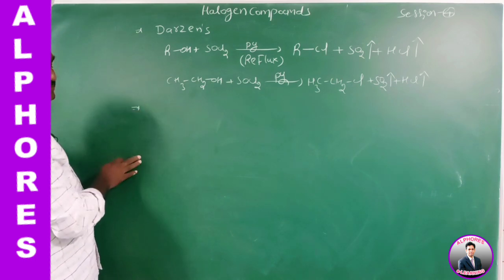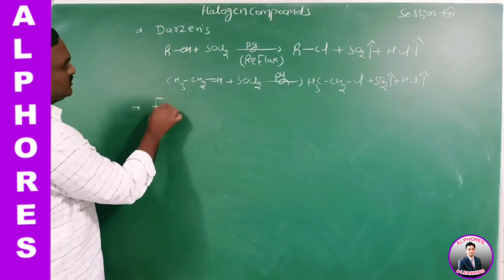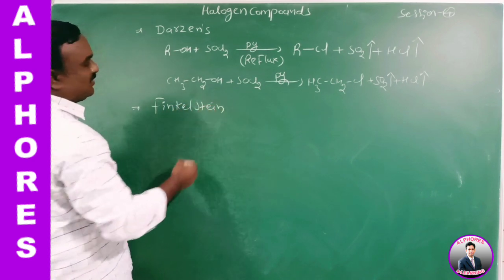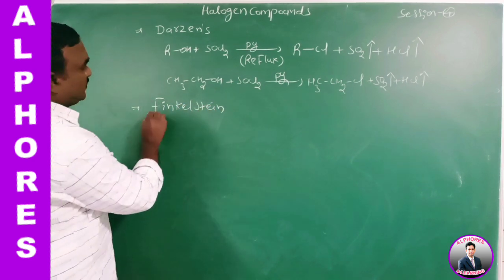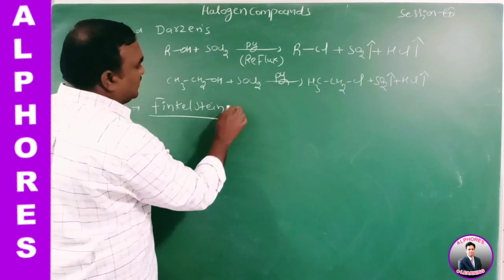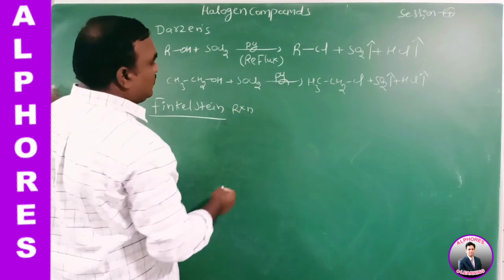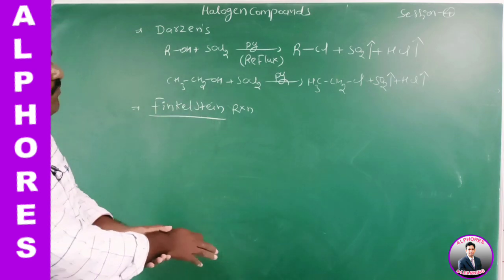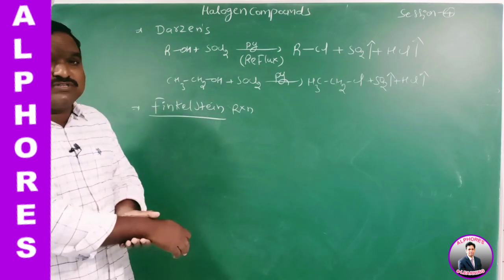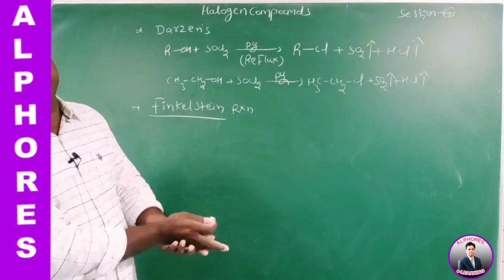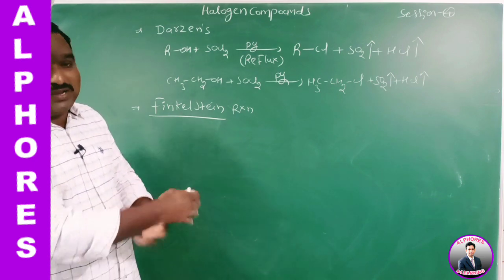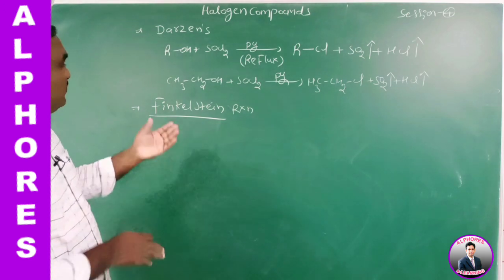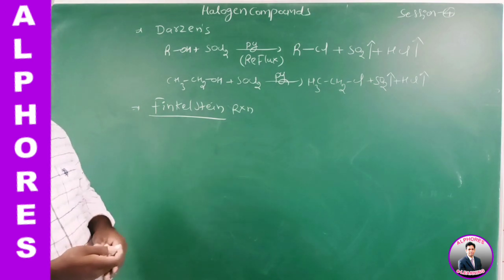Next one is the Finkelstein reaction. Finkelstein reaction means preparing alkyl halogen compounds from other alkyl halogen compounds only. The majority of alkyl iodides we can prepare by using this one.